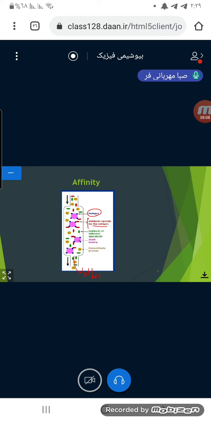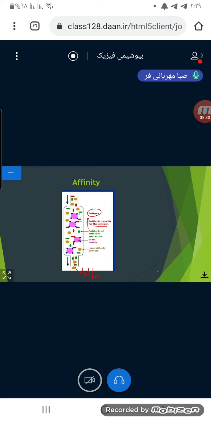You don't know the difference between antigen and antibody? There are two molecules. The antigen is something that the antibody will attract. They are complementary with each other.